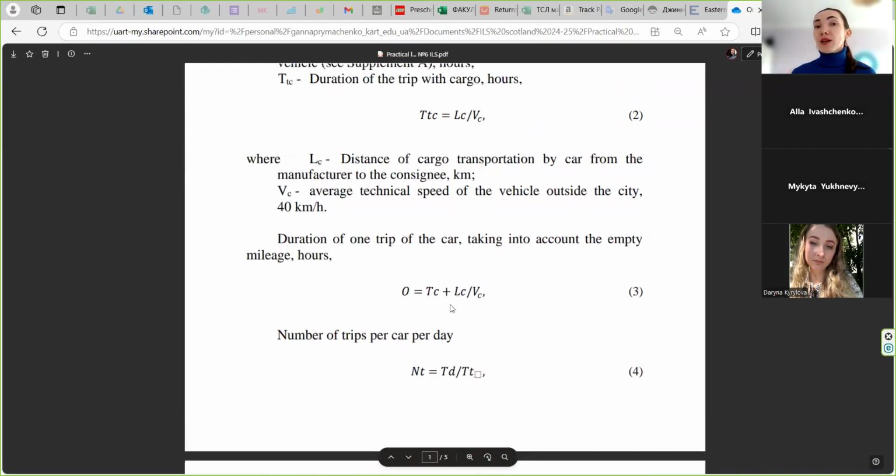So we need to add the time calculated in our formula 2. It is the same. So is equal to, and find how much time we need to deliver our cargo from point A to point B and the empty mileage in the other direction. Okay. It is also the result in hours. We find the time parameters.